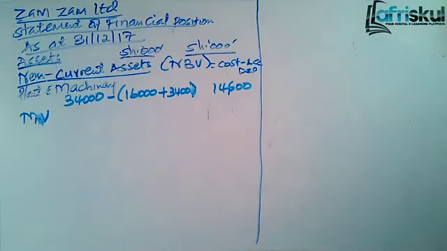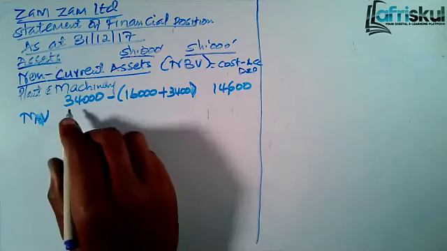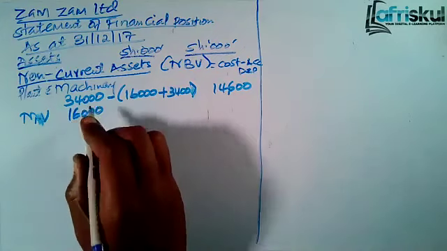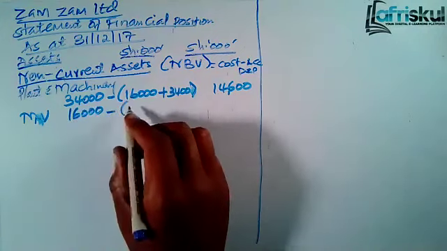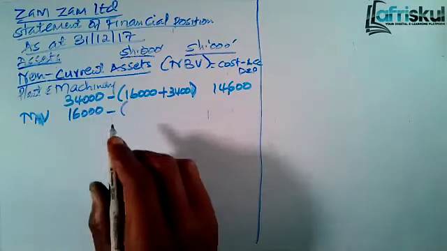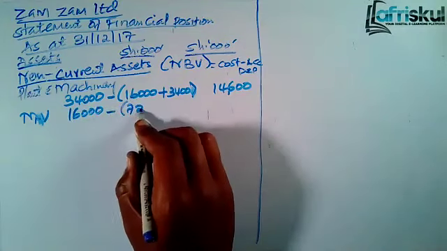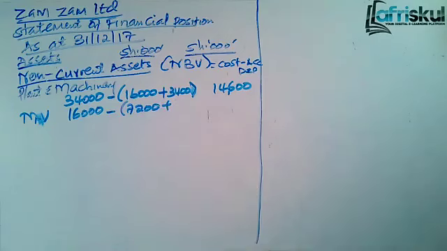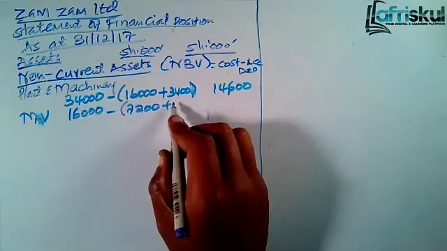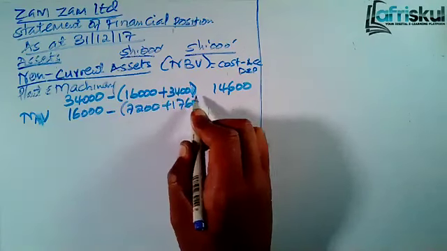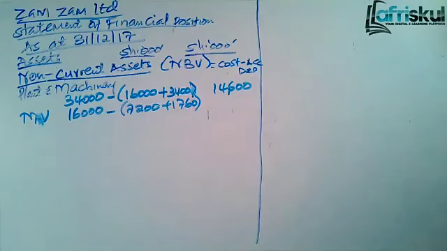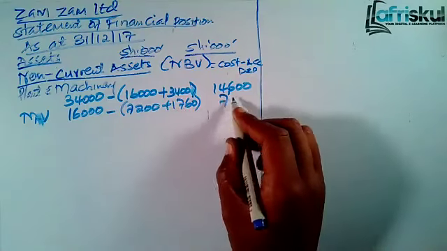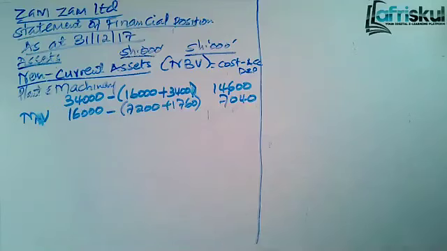So again, we'll also have the motor vehicle. Now on the motor vehicle, we've been given the cost as 16,000. I will less the accumulated depreciation on the trial balance, which is 7,200. And after doing the depreciation charge for the year, I got 1,760, which in this case, I'm getting 7,040.